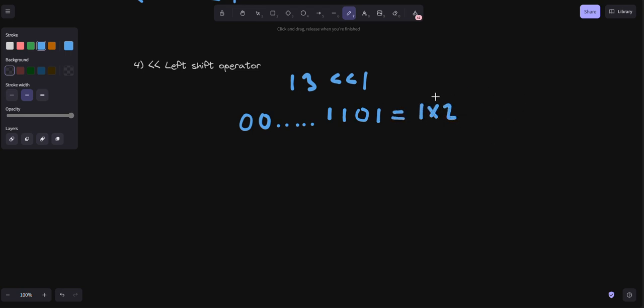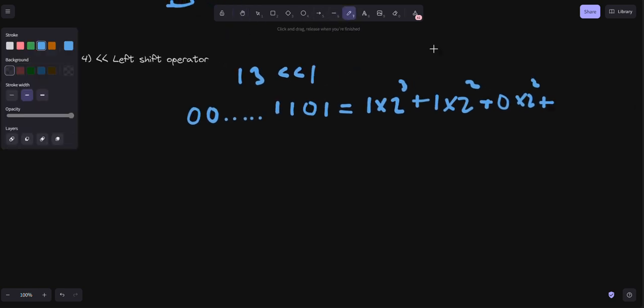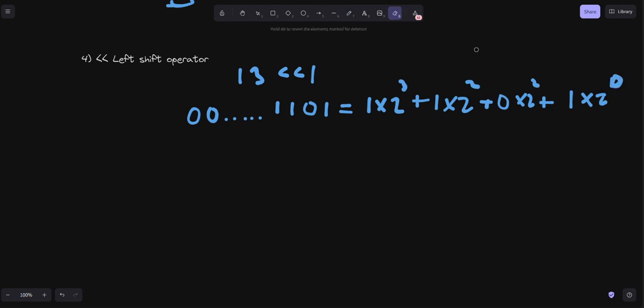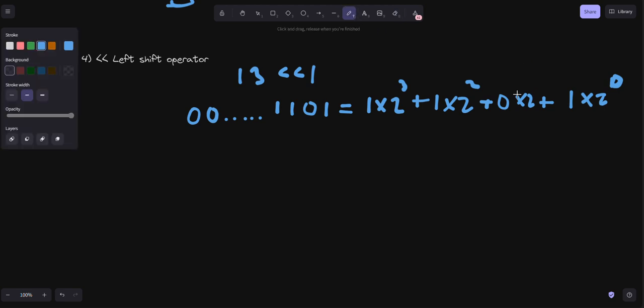You can write 1 times 2 to the power 3, plus 1 times 2 to the power 2, plus 0 times 2 to the power 1, plus 1 times 2 to the power 0. My bad, that's the case. This is the value.